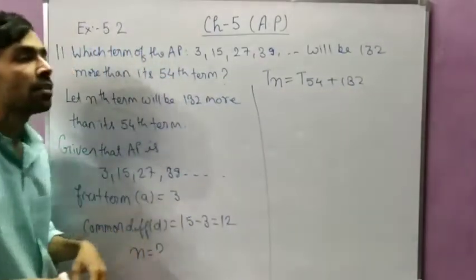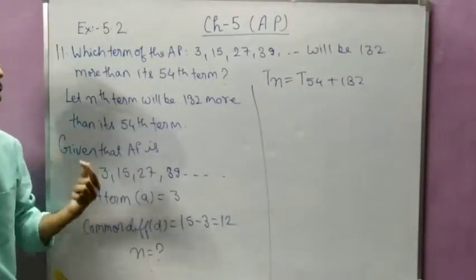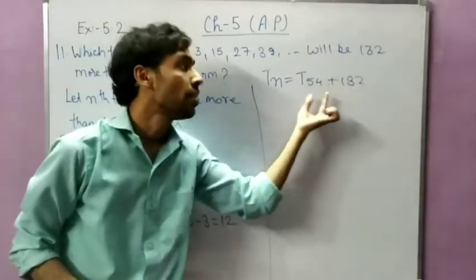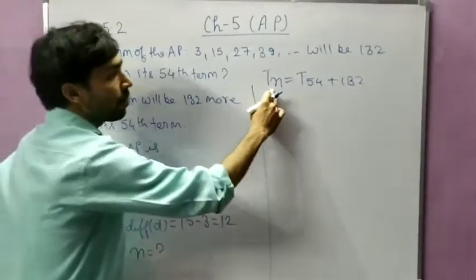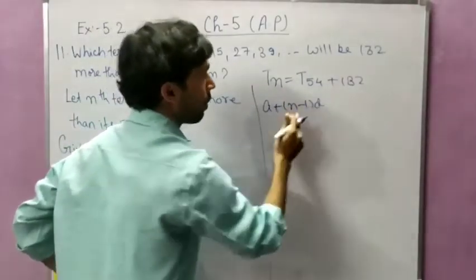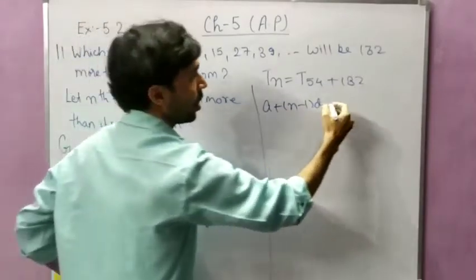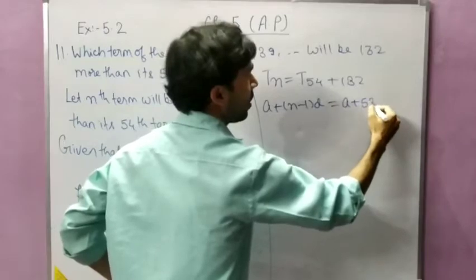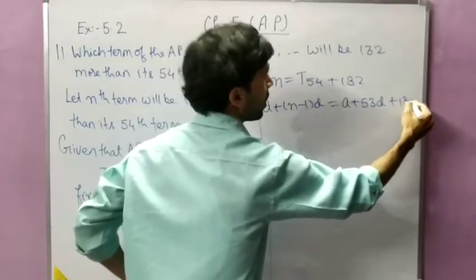So the nth term is equal to 132 more than its 54th term. The nth term can be written as A plus (n minus 1) into D, we know the formula of the nth term. T54 can be written as A plus 53D, plus 132.